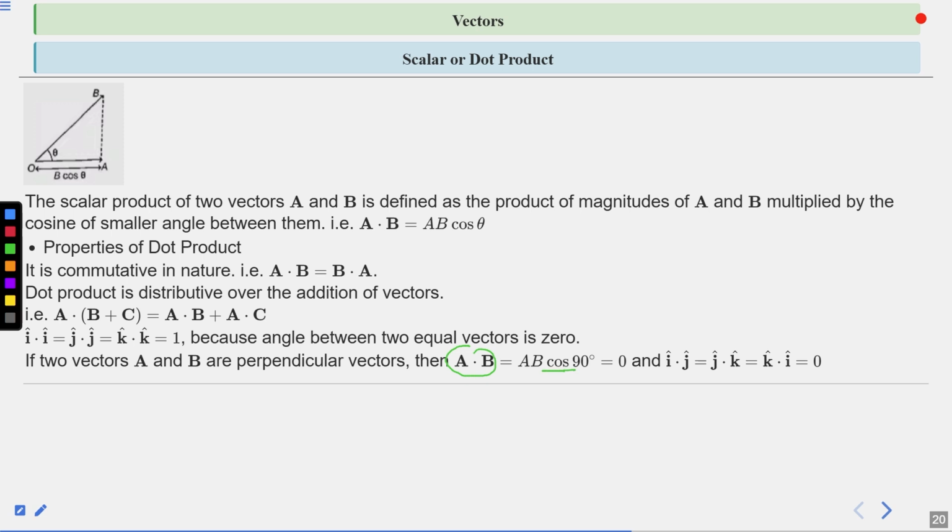Cos 90 is 0. So AB into 0 equal to 0, and I dot J, J dot K and K dot I equal to 0, because these are perpendicular vectors. This is important.